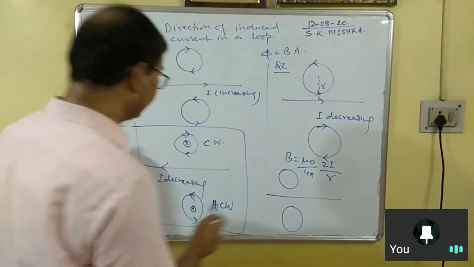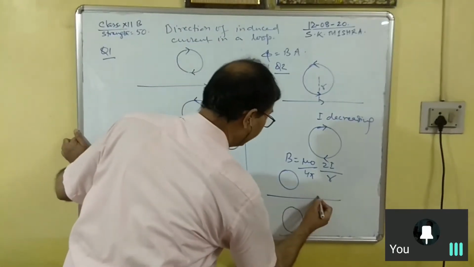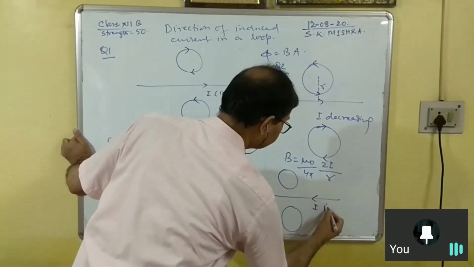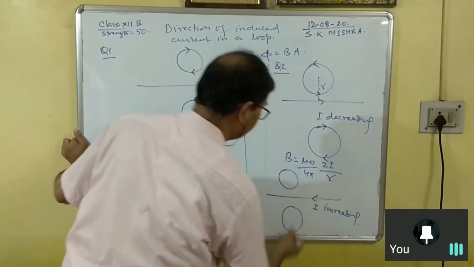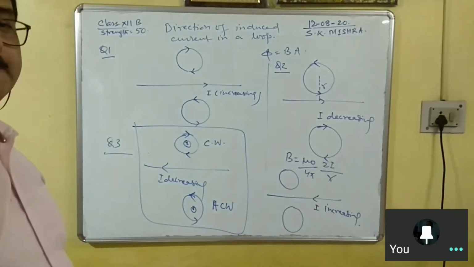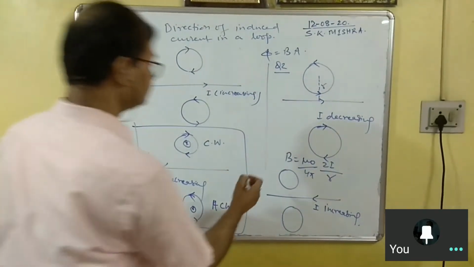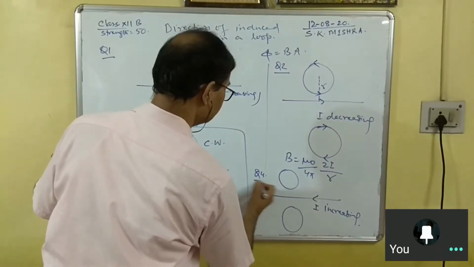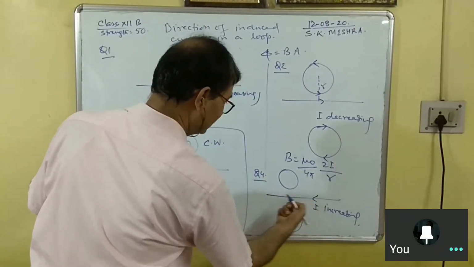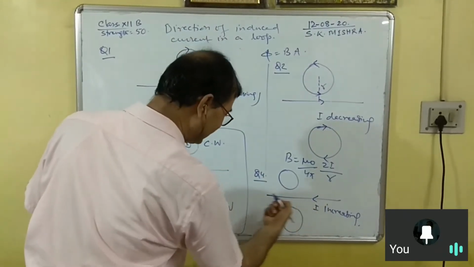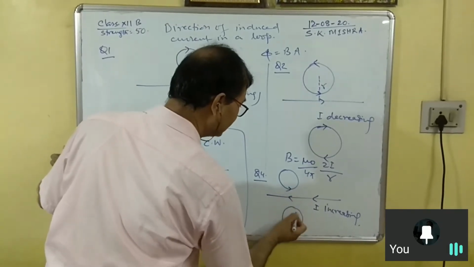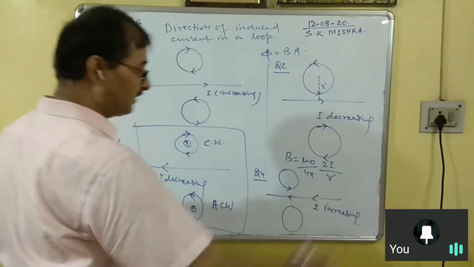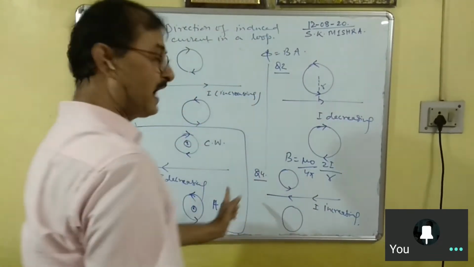Now I can ask, suppose I is increasing. Now tell me in which direction the induced current will be developed in the two loops. I is increasing, so it should be along this direction, because current in the wire is from right to left and is increasing.